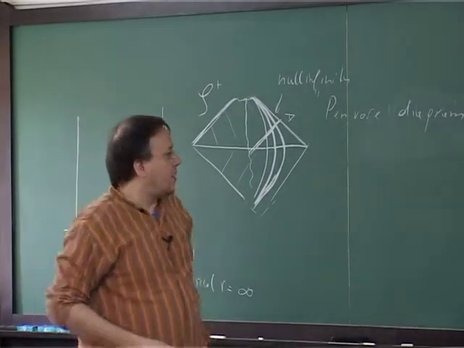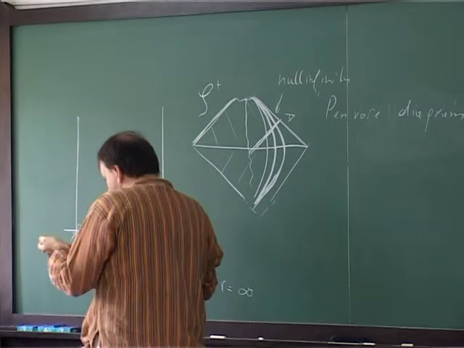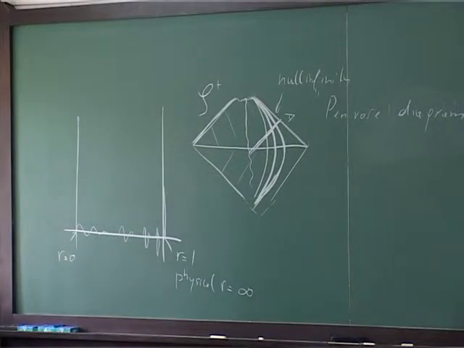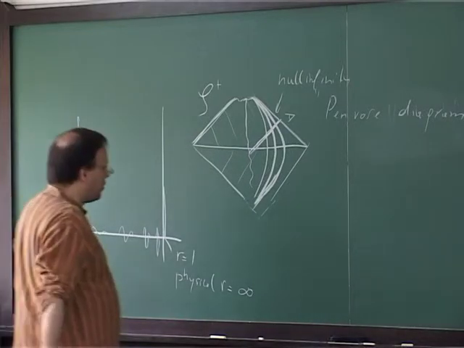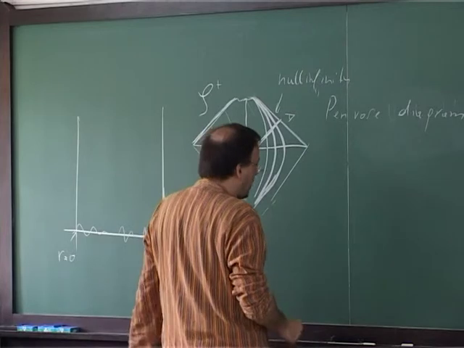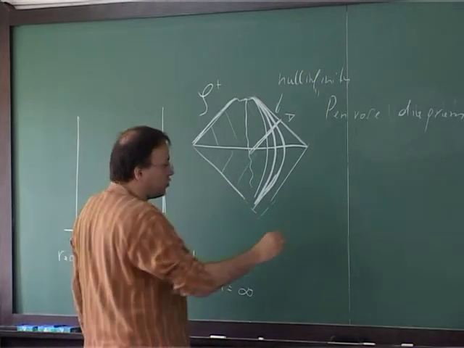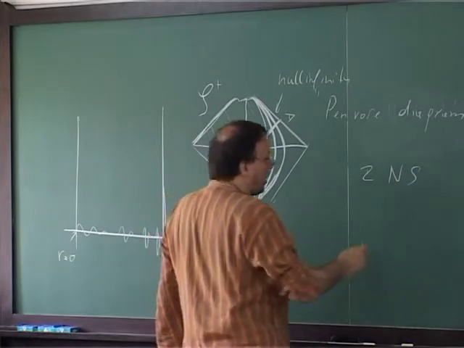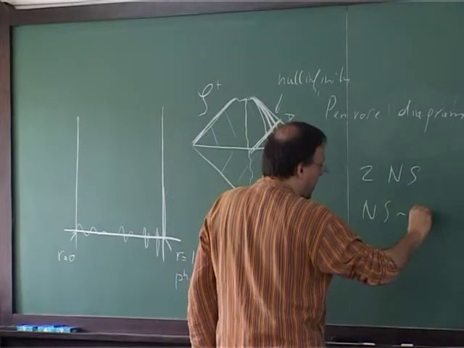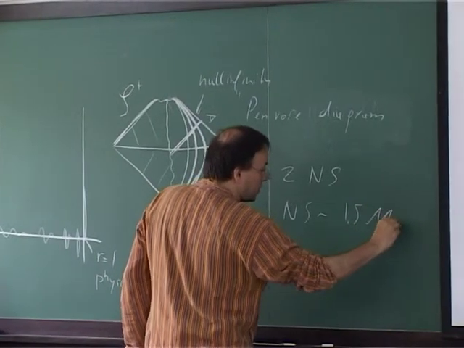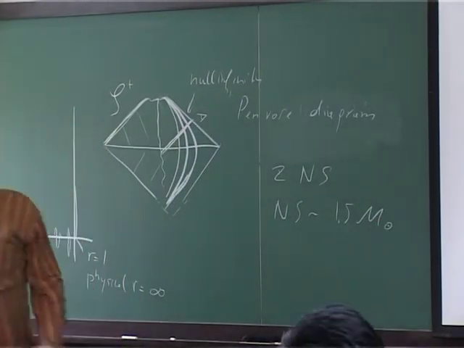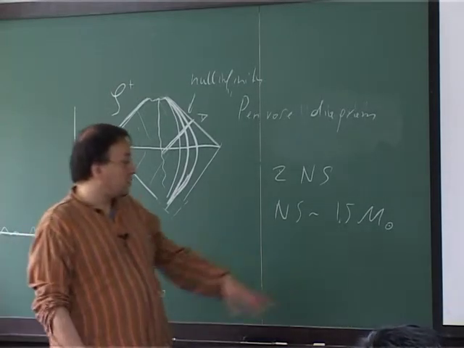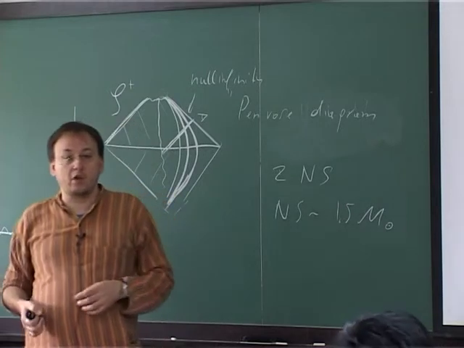Okay? If we talk about infinity and we talk about observations, it's good to put in some real scales. Let's say we have here a system of two neutron stars. A neutron star has a mass of about 1.5 solar masses. The Schwarzschild radius of the sun is about 3 kilometers, so that's a bit more, 4 or 5 kilometers.